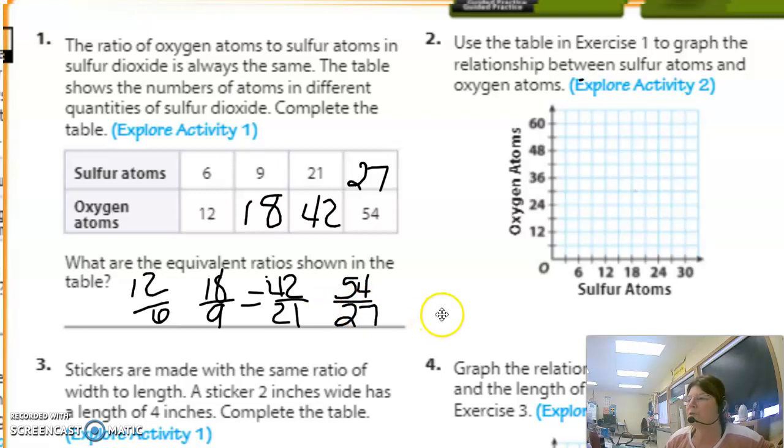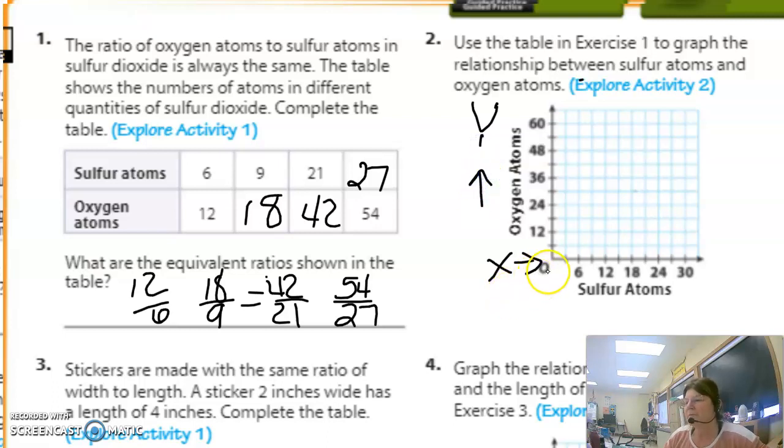So then, number 2 says, use the table in exercise 1 to graph the relationship between sulfur atoms and oxygen atoms. Now, when you're looking at a graph, remember where your y and your x-axis are, because we are plotting. So we have an x on the horizontal, and we have a y on the vertical, okay?